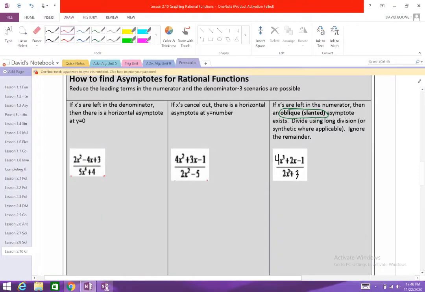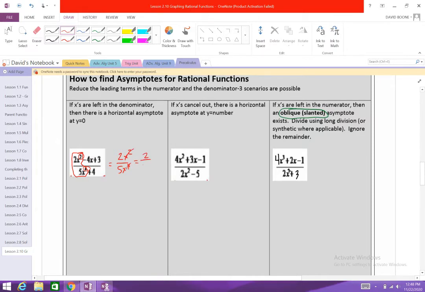Okay. So again, as a quick review, if we look at our function and we see that there's a greater exponent in the denominator than there is in the numerator, we can kind of parse that out and just look at those pieces that have 2x squared and 5x to the 4th. Those are the highest ones. So even if you wanted to cancel this out a little bit just to see, that would cancel out 2 of them.